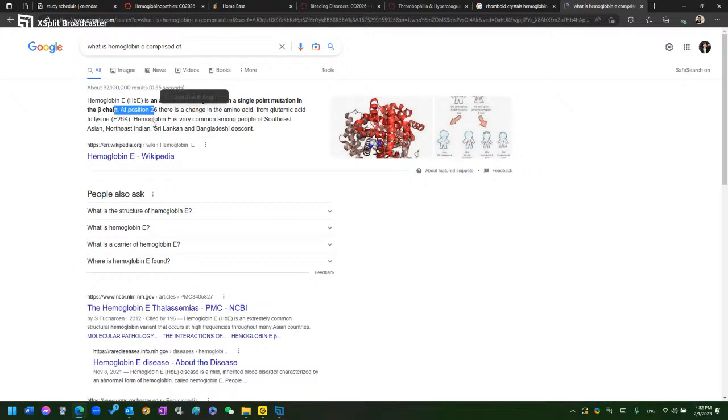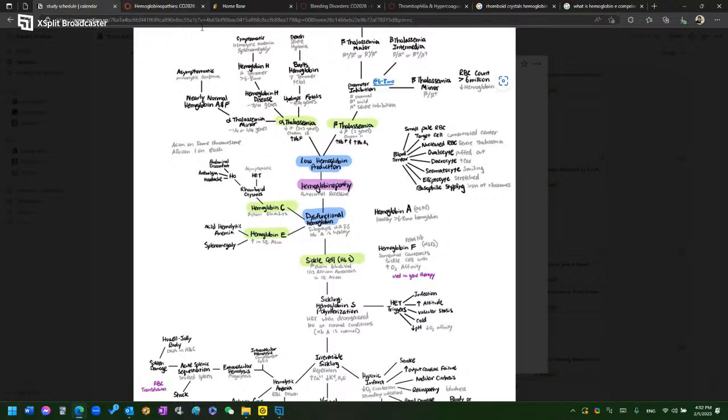Is this another beta chain mutation? Okay. So all three of these are beta chain mutations.